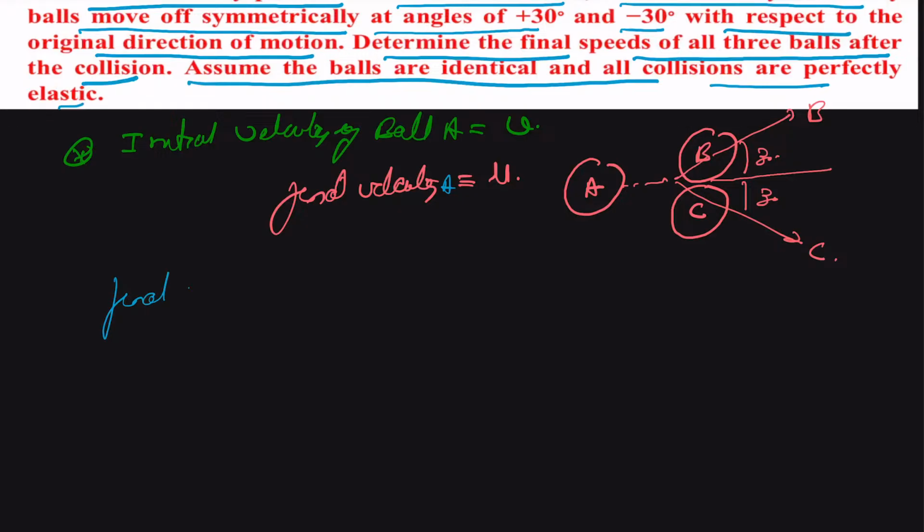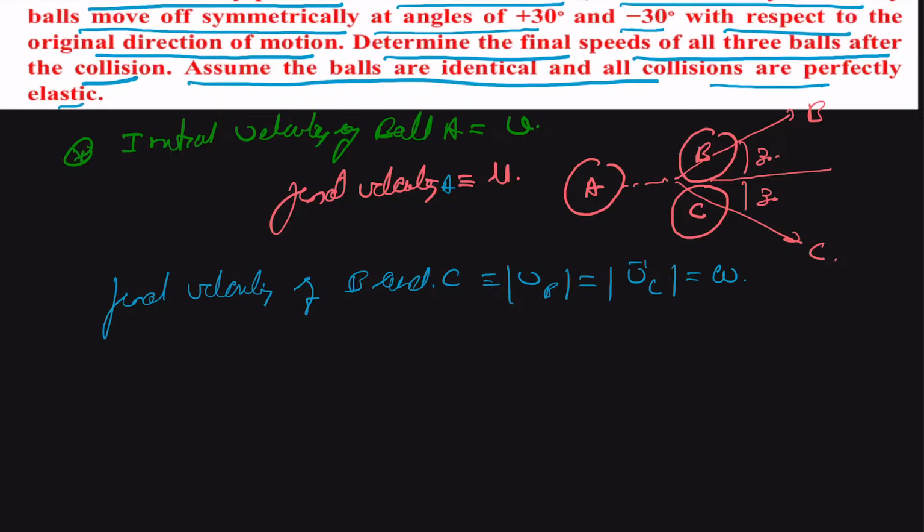The velocity of B, magnitude wise, will be equal to the velocity of C, and let us suppose that is equal to some variable W.